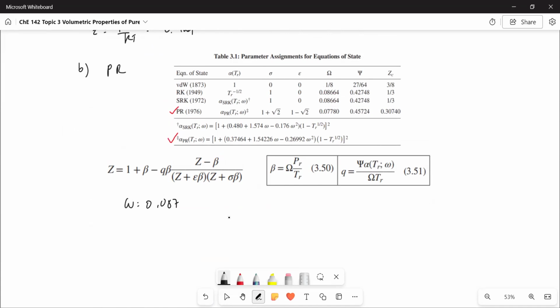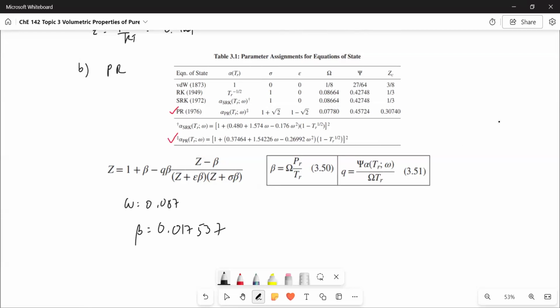First, beta. For beta, we use this equation. Substitute the value of omega and PR, TR, I will not show that anymore. What you will get is beta equal to 0.017537.